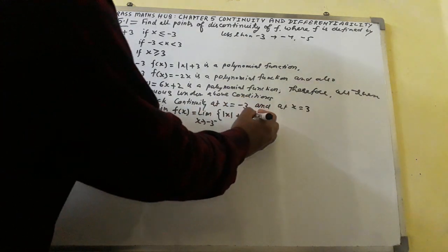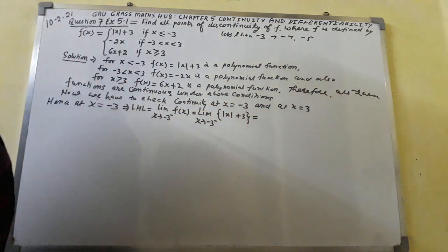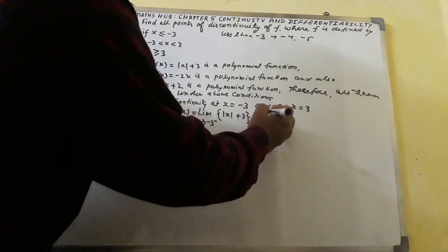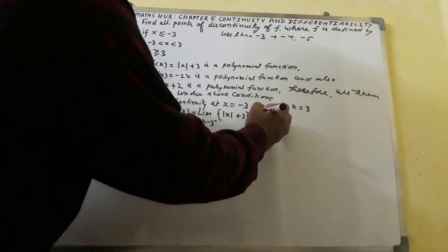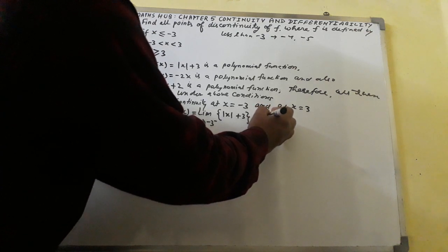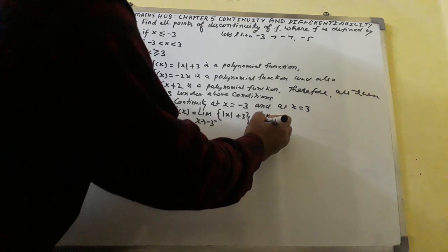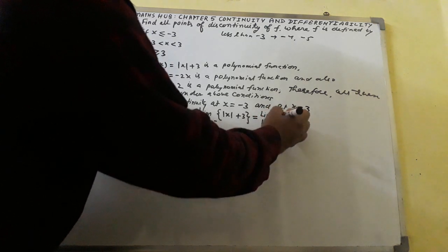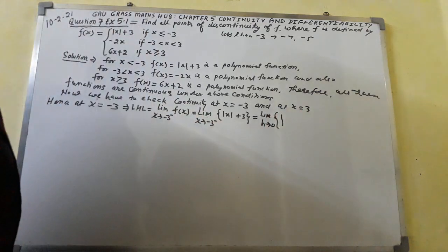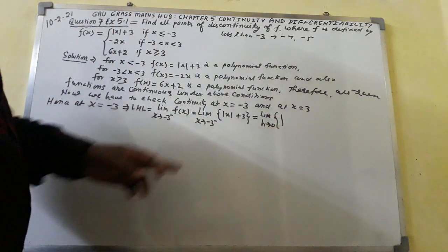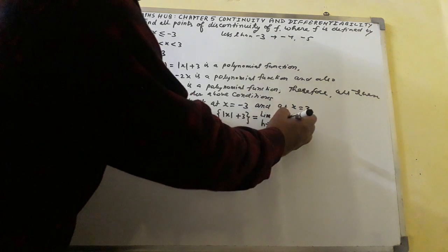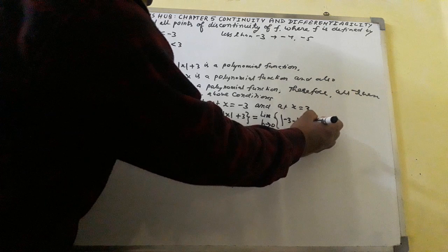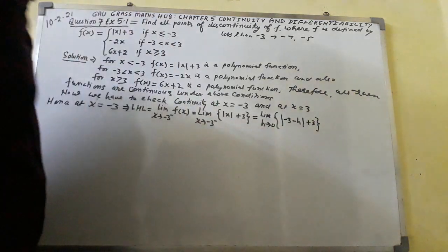Next, I shall write limit h tends 0, mod, and in place of x I shall write minus 3 minus h, plus 3.